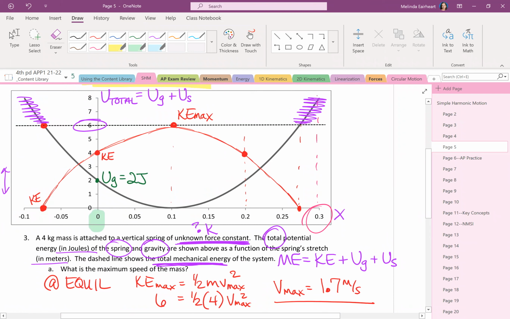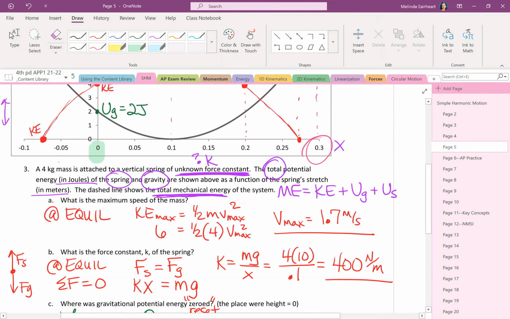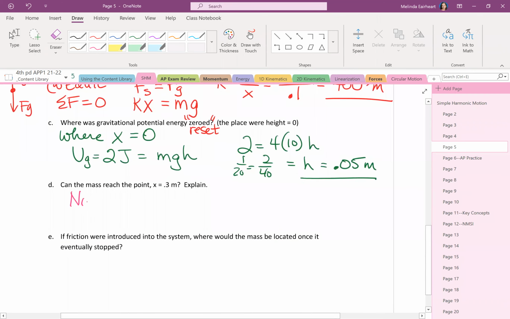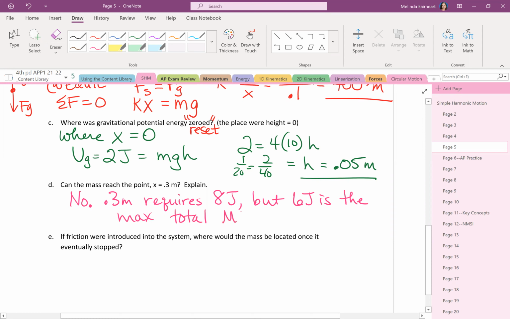You would need 8 joules, but what's our total max? 6. And so, no, 0.3 meters needs 8 joules, but 6 joules is the max total mechanical energy.